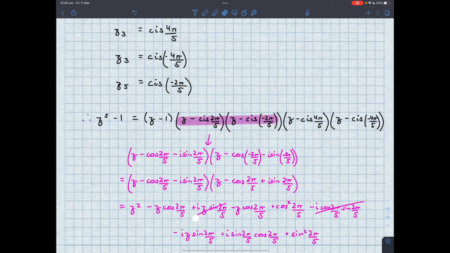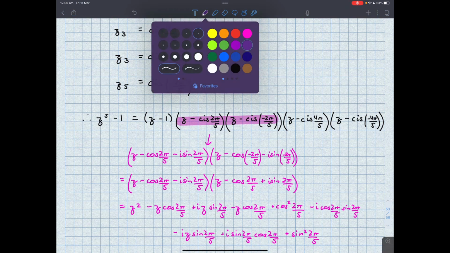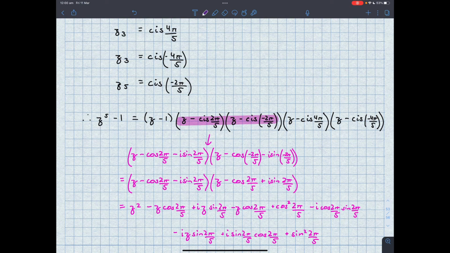Let me get rid of some highlighting here so I can explain this. Okay, so when I expand that, I've got a plus iz sine 2 pi on 5 and a minus iz sine 2 pi on 5. Then my other term with an i, I've got a positive and negative one, so they cancel out as well. Then I can collect some like terms.